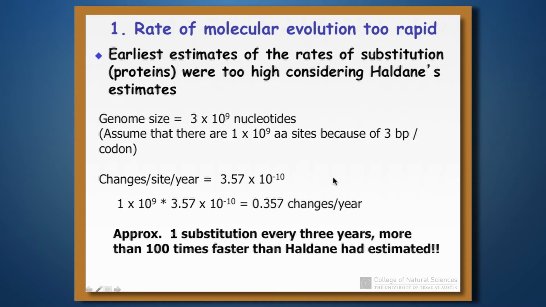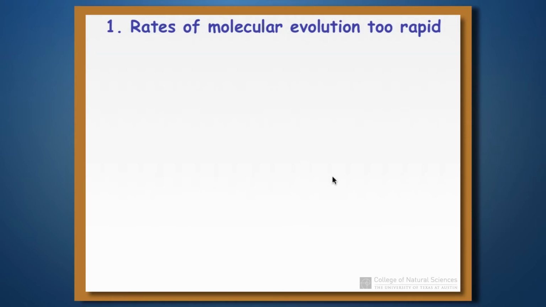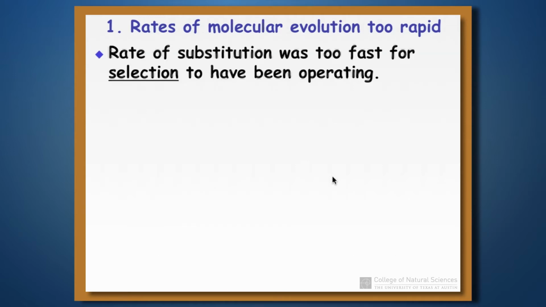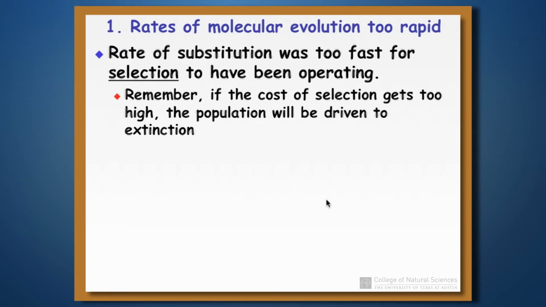This would impose an enormous genetic load on a population. And so Kimura looked at this and thought, this is impossible. These are the data that we have for the rates of substitution, and they're just way too fast. So I can't believe that all of this substitution is taking place simply because of selection acting on these populations. Okay, so the rate of substitution is too fast for selection to be operating.